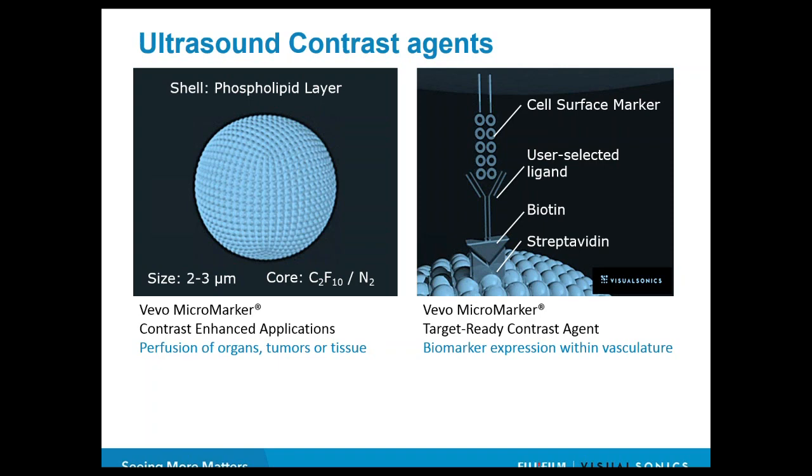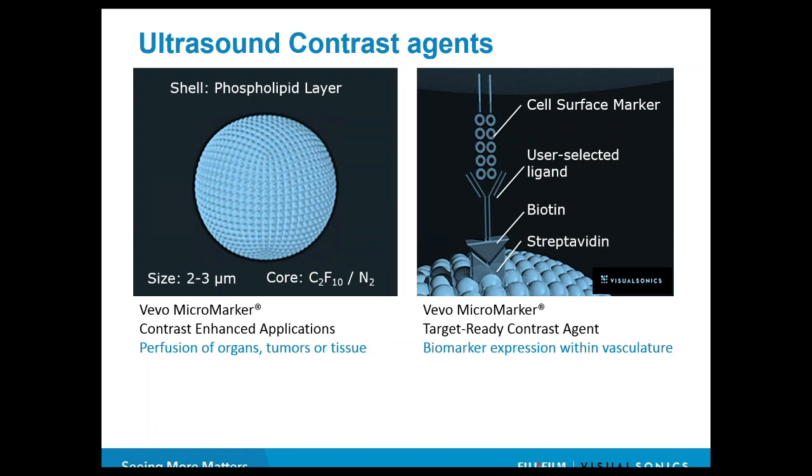They also have a gas core and a phospholipid shell, but in this case, streptavidin molecules are included in the shell, and they allow us to use a biotin streptavidin coupling to connect these bubbles to a ligand, an antibody, or a fragment of an antibody that you would like to use to target your cell surface marker to study this biomarker expression.